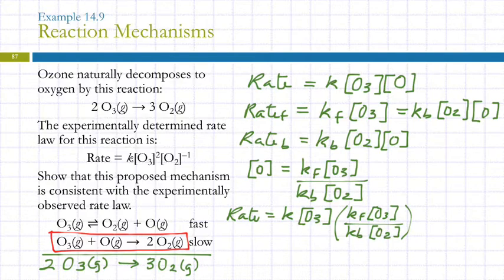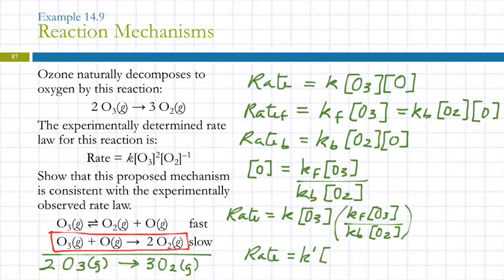Okay? I'm going to consolidate all of those constants into a new constant. So the rate equals this new constant, and then I've got the concentration of O3 and the concentration of O3.